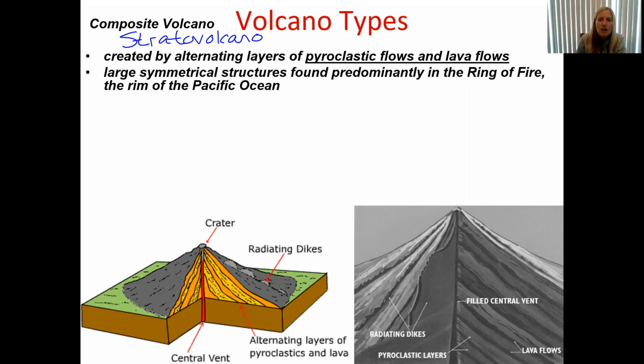So we find these often in our ring of fire, which we know is around our Pacific Ocean, also called the Circum-Pacific Belt.